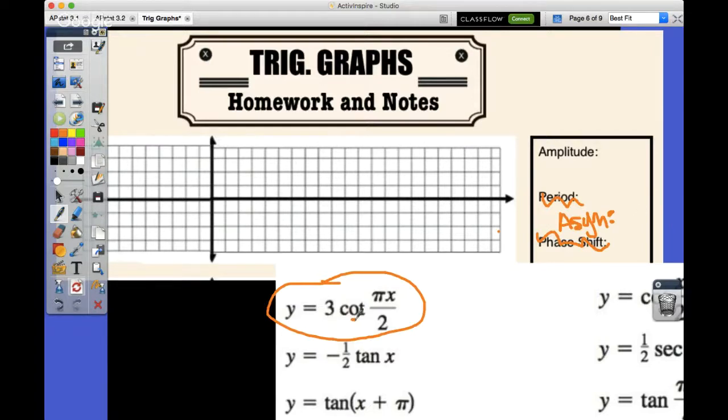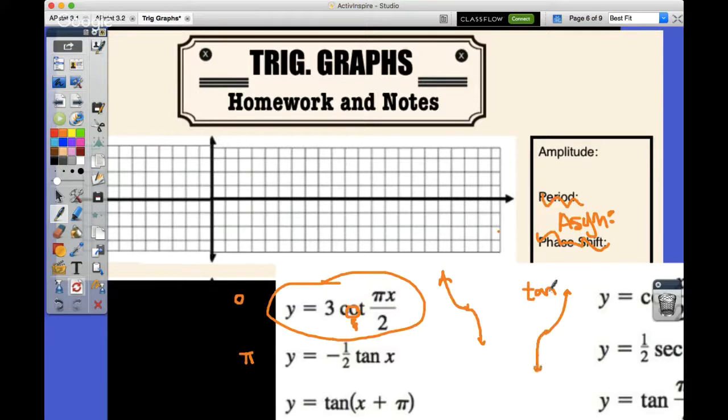Very good. Nicely done. The O always helps me out with this one because it tells me that with the asymptotes, I set cotangent equal to 0 and pi, whereas tangent would be pi over 2 and negative pi over 2. Now, cotangent graphs rise to the left and fall to the right, and tangent graphs rise to the right and fall to the left.